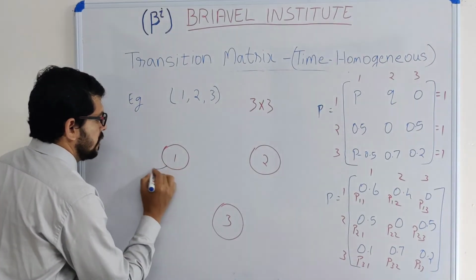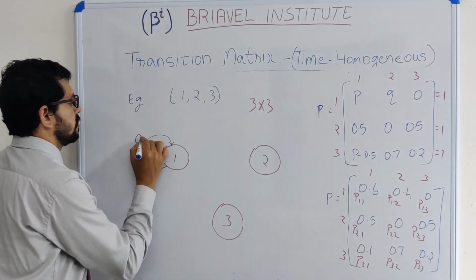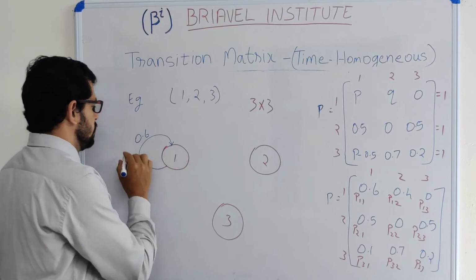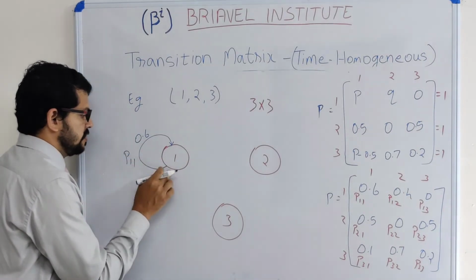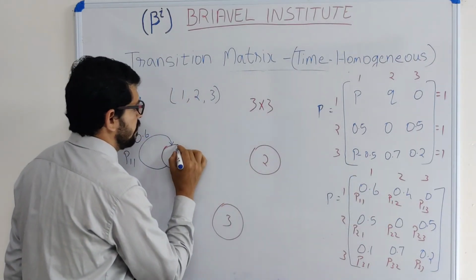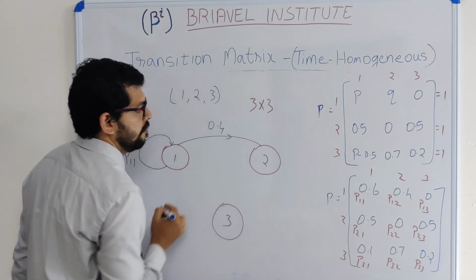Initially we are in the first state and continue in the same state with probability 0.6. This is P11. P12 is moving from the first state to the second state, which is 0.4.